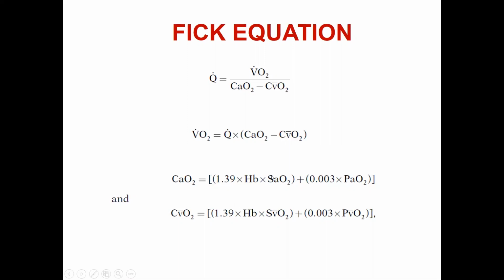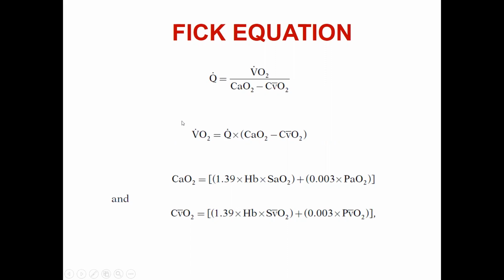I want to tell you off the bat, that means if you are anemic, then using this Fick equation, if you're going to use VO2 to estimate cardiac output in a patient who's anemic using a cardiopulmonary exercise test, say hemoglobin of 7, you are going to underestimate the cardiac output, because the hemoglobin is low, so this number will be low and your VO2 will be low as a result. So the patient may actually have a normal, or as you know really well in anemic patients, you actually have high cardiac output, but if you did a cardiopulmonary exercise test on them, their peak VO2 will be low.